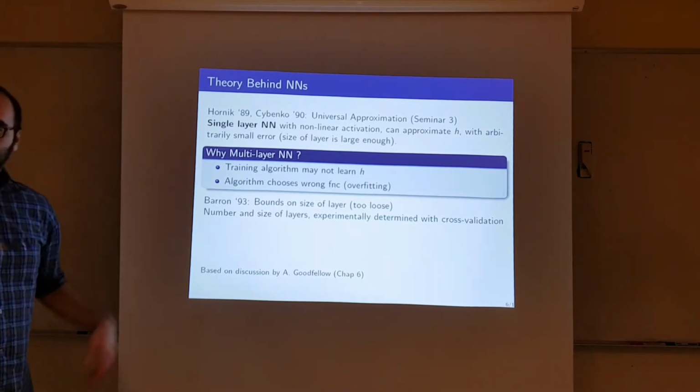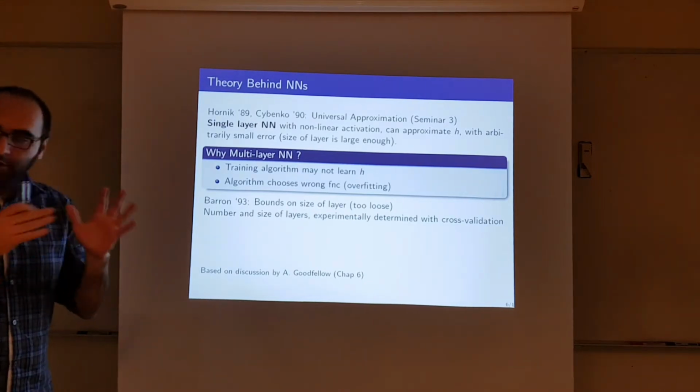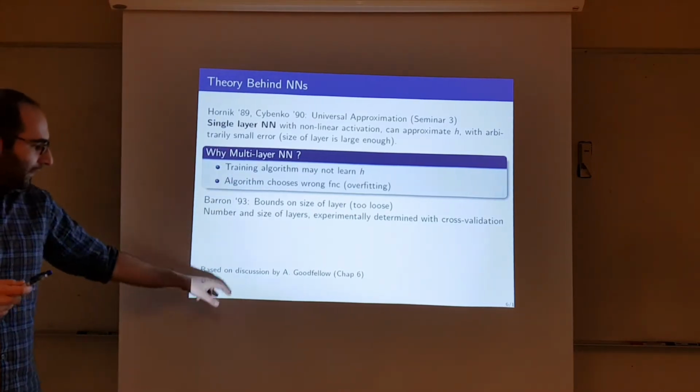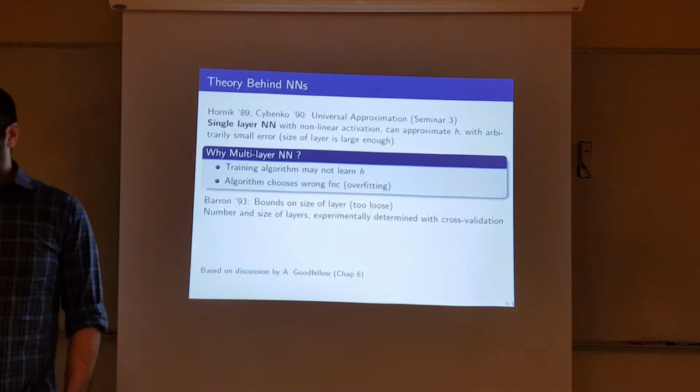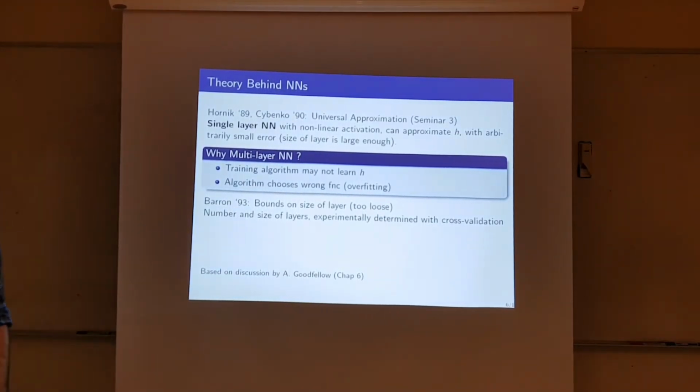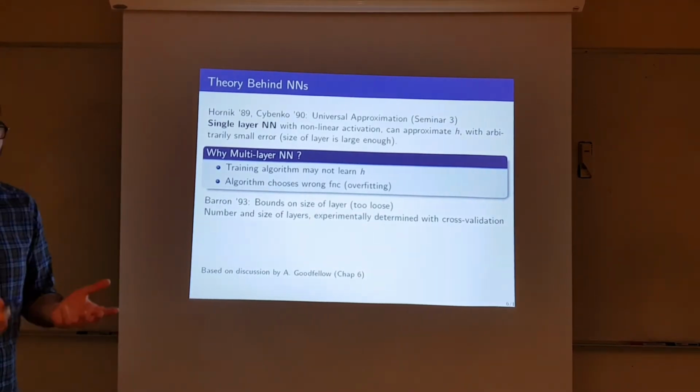At some point we also had some discussion: if one layer is enough, why go for multi-layer? This is taken from a nice chapter of this book, which discusses why people are not using just a single layer even though they are universal approximators.